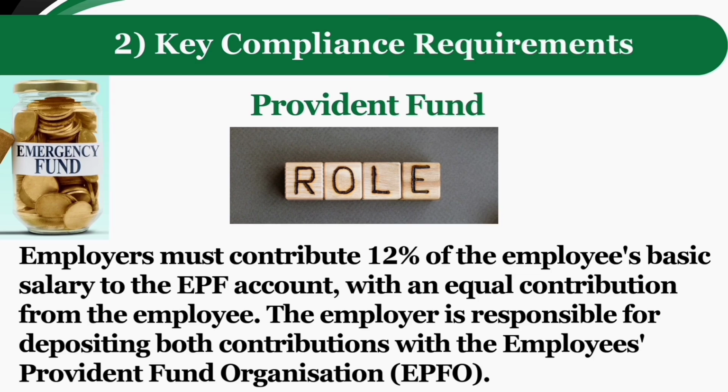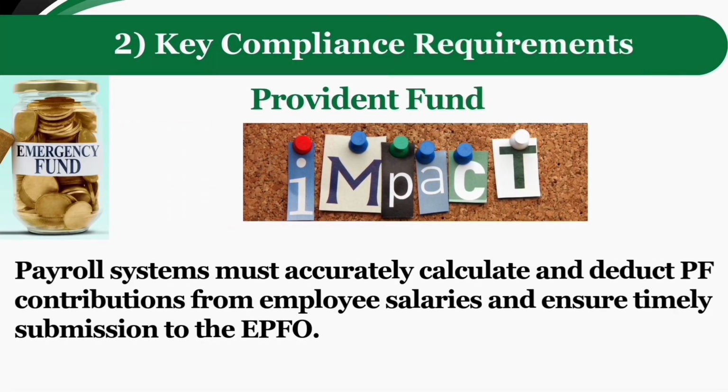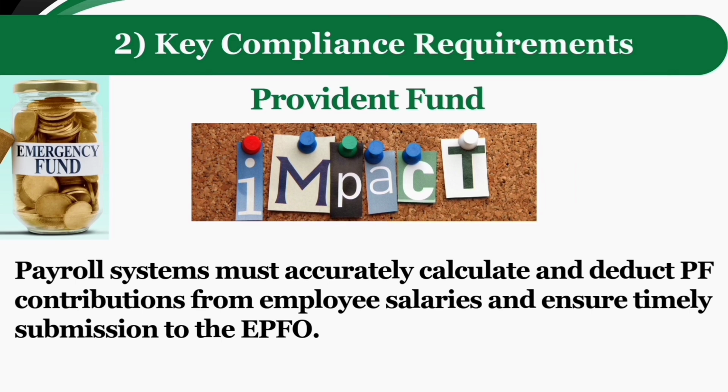Okay, so this is the proper procedure. Now, payroll impact. Payroll systems must accurately calculate and deduct PF contributions from employee salaries and ensure timely submission to the EPFO. We must comply with this.